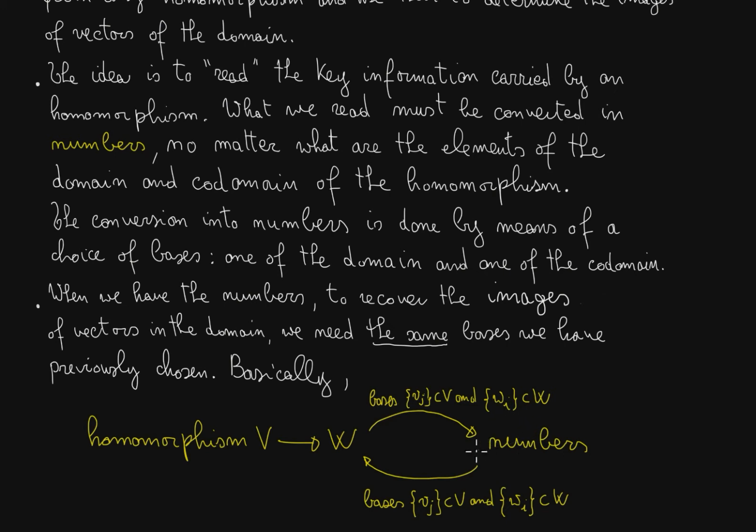Once we have converted the homomorphism in numbers, in order to recover the homomorphism itself, we just need the same bases again. So from these numbers, using the V_j's and the W_i's, we will be able to recover the homomorphism, which means being able to find the image of an arbitrary element in the domain.